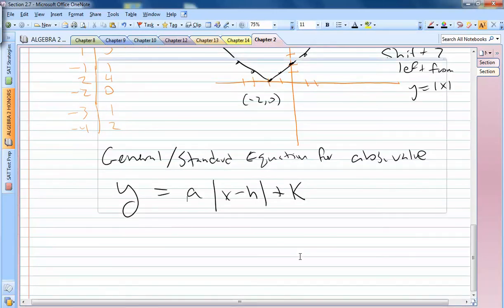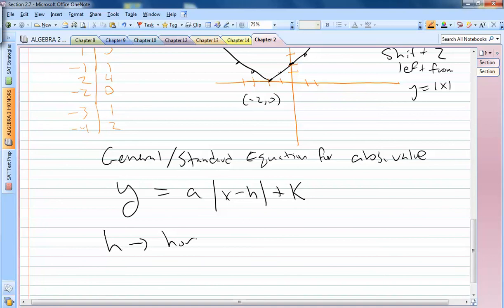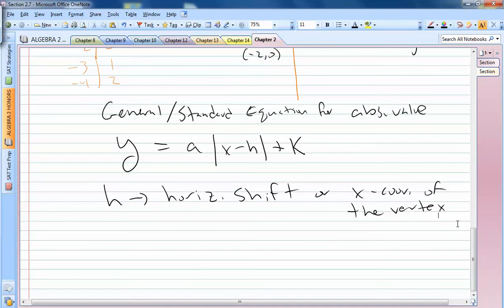So there are some new variables here. H will represent the horizontal shift, or it could also represent the x coordinate of the vertex. K will represent the vertical shift, or the y coordinate of the vertex.